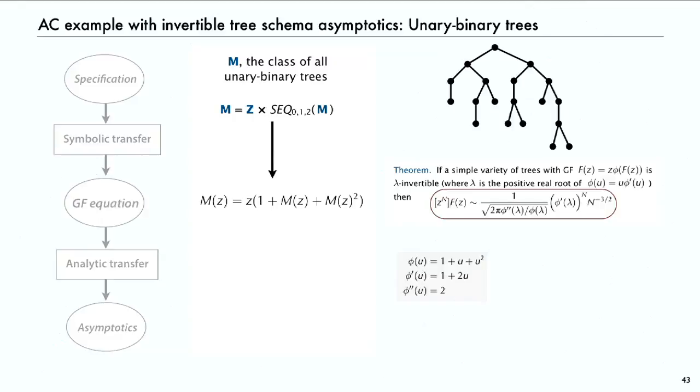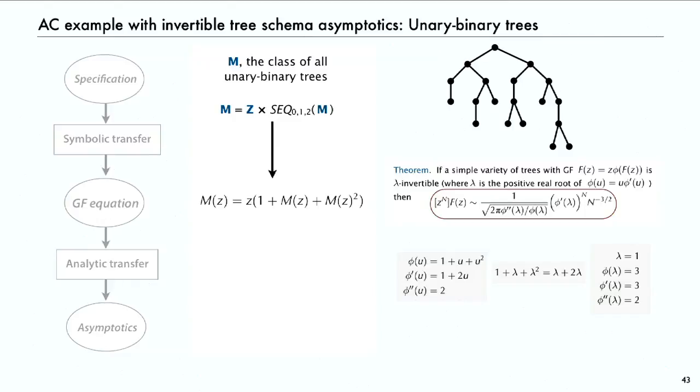So our characteristic function is phi of u equals (1 plus u) squared, with g equal to z phi of g. First derivative is 2 times (1 plus u). Second derivative is 2. The characteristic equation is (1 plus lambda) squared equals lambda times 2 times (1 plus lambda). Solve that for lambda, and actually lambda equals 1 solves that.